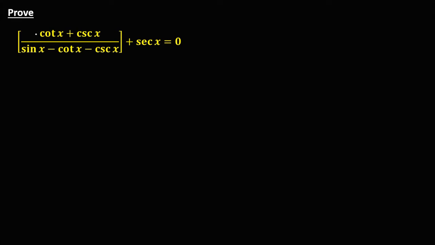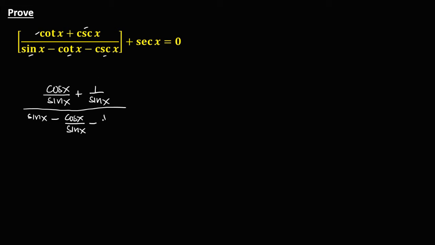So therefore, this cotangent is equal to cosine x over sine x plus this cosecant x, so that's 1 over sine x, then over the sine x, so since this one is already sine x, so just bring down, then minus, again, cotangent x is equal to cosine x over sine x, then minus this cosecant is 1 over sine x, then we have plus this second is 1 over cosine x, then equals 0.